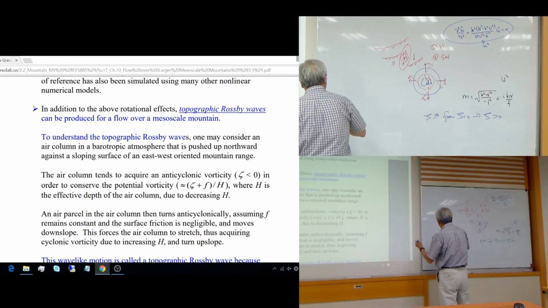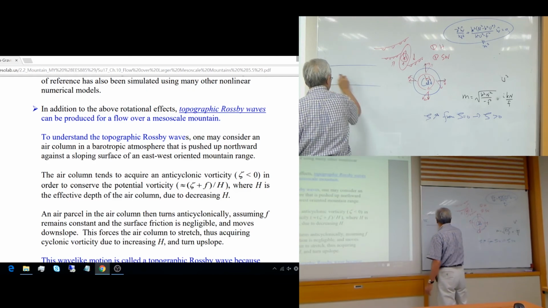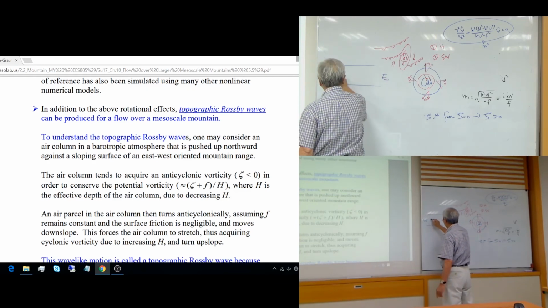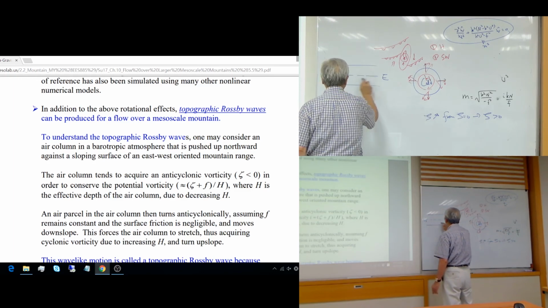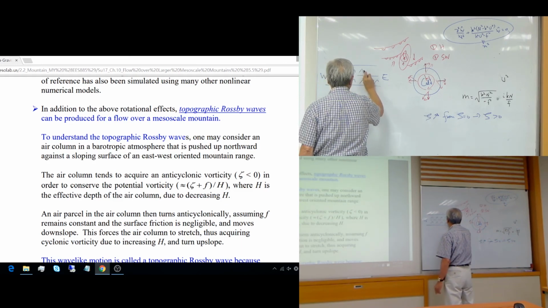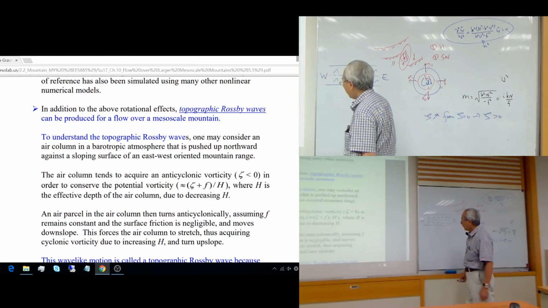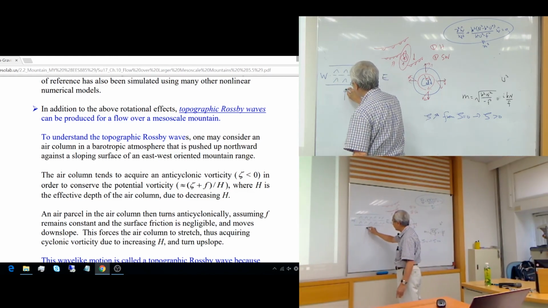So here we are considering a west-east oriented mountain like this. And then we consider an air parcel going to the north.